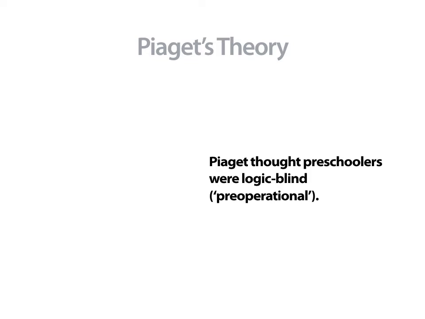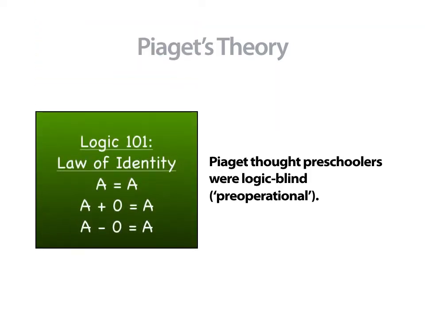So all of logic depends on what's known as the law of identity, that A is A. This is what gives rise to the law of non-contradiction.